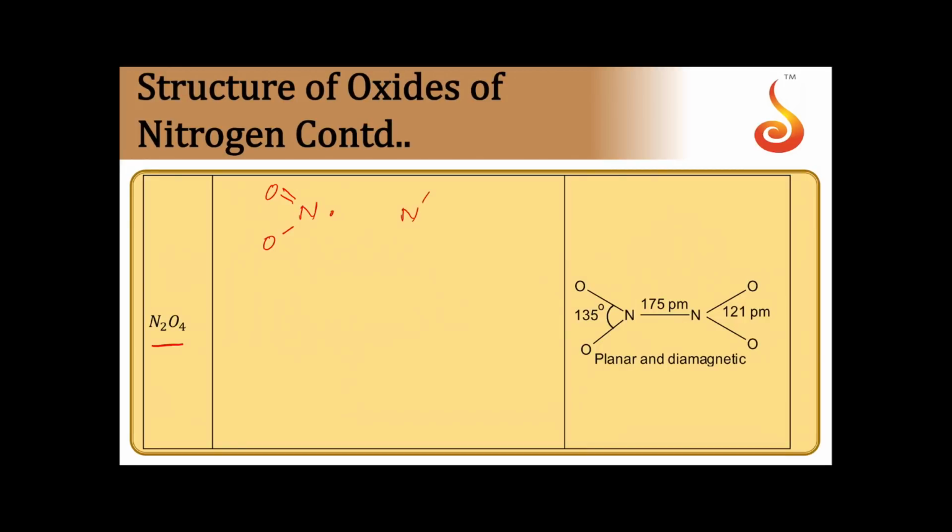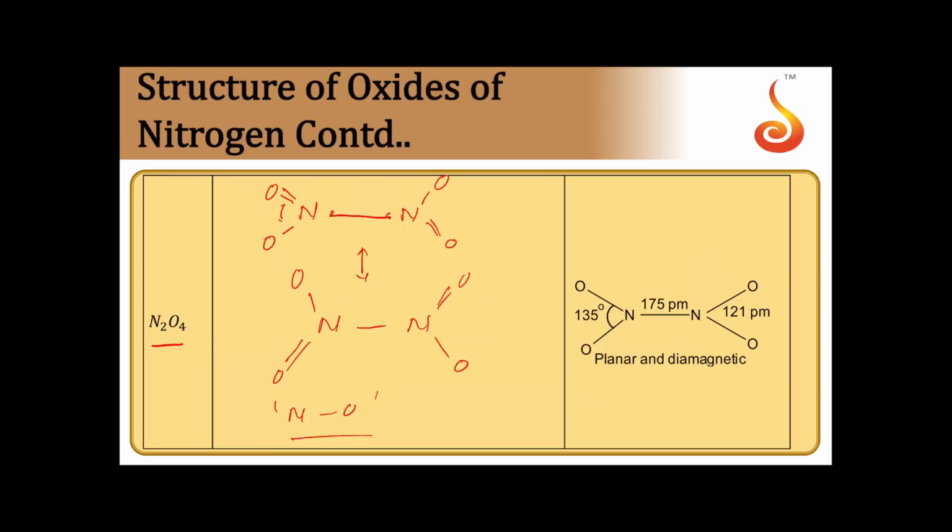Similarly, another NO2 molecule, coordinate covalent bond O, double bond O, we have an odd electron here. Between these two, a bond is being formed. It also has resonating structures, so these two bonds will be equal now. Implies that nitrogen has a single bond here and a multiple bond here, and here a multiple bond and a single bond here now. So therefore all NO bond lengths are the same.